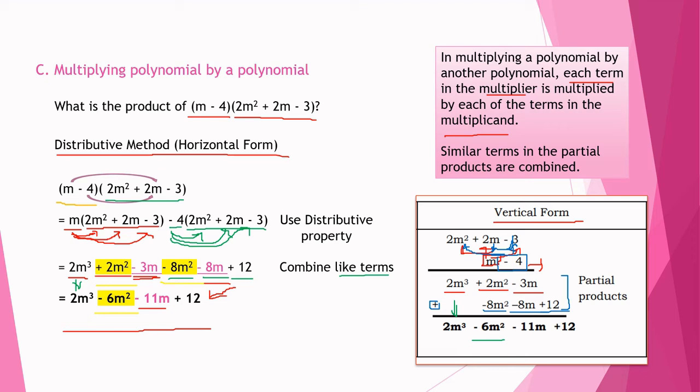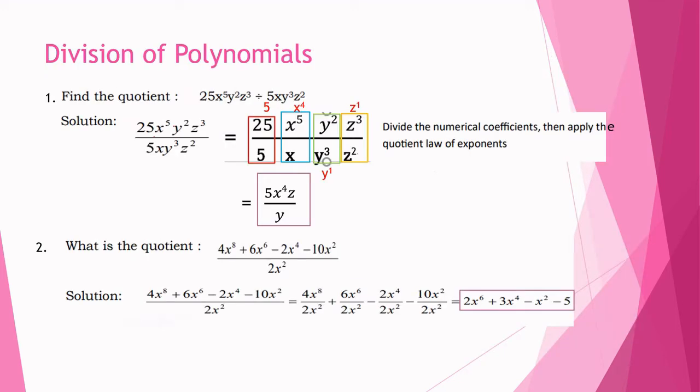So that is negative 11m. So add and copy the sign. Then bring down 12. So therefore, the answer is 2m cubed minus 6m squared minus 11m plus 12. Okay, which is also the same with horizontal method.